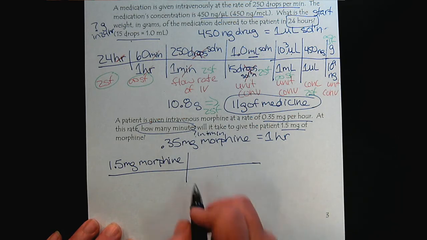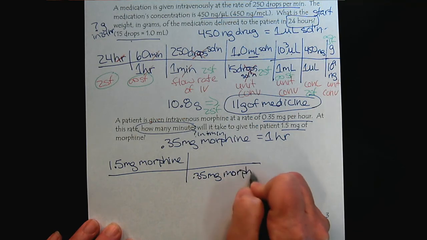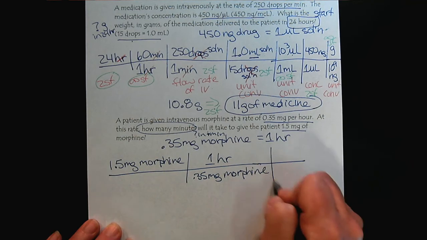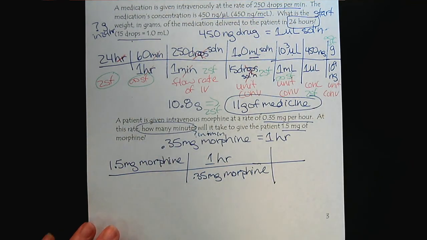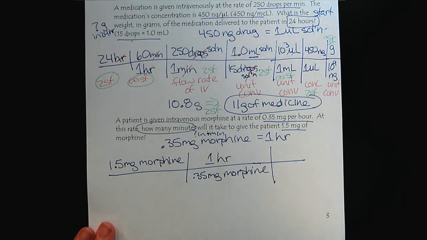So we'll just plug that in, 0.35 milligrams of morphine in 1 hour. And so now we have the time, but then it's always good to look back and double check what units the question's asking for the answer to be in. Because if we stop here, we're not going to get full credit because we haven't converted to minutes.